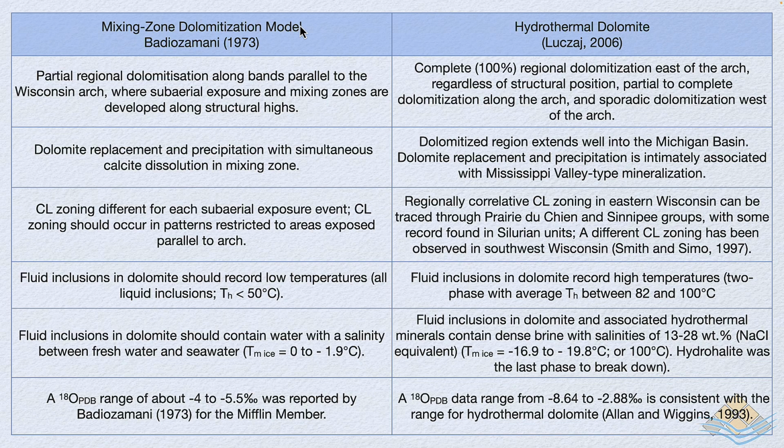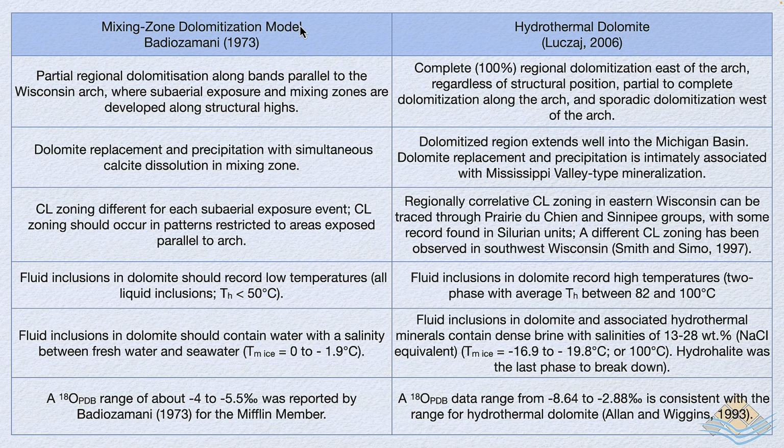In contrast, Luczaj argued that we have complete 100% dolomitisation east of the arch regardless of the structural position, as well as partial to complete dolomitisation along the arch and sporadic dolomitisation west of the arch, not geometries that one would expect to be associated with mixing zones.